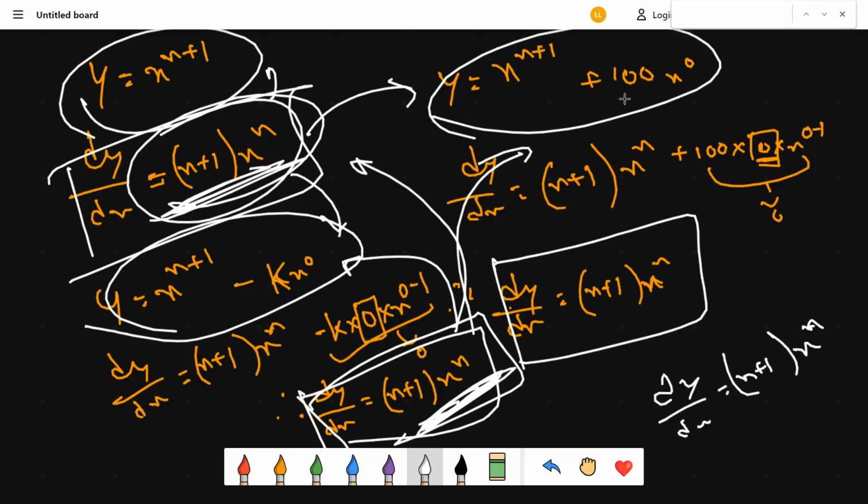Like, if instead of 100, or simply with the initial function y equals x to the power n plus 1, there was some other constant added, k plus 5 plus a, some other constants, how do we know whether that was the initial function or these are the initial function?